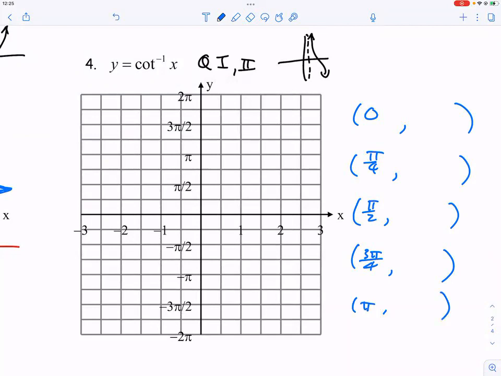Give yourself a couple of seconds to write out the y values for cotangent x, so then you can plot out what inverse cotangent x would look like.